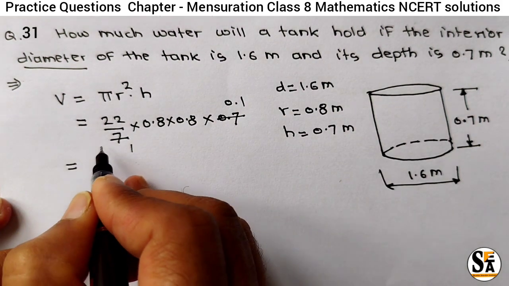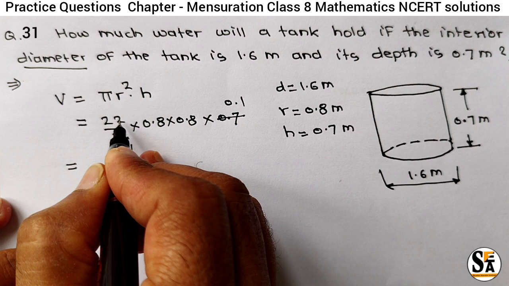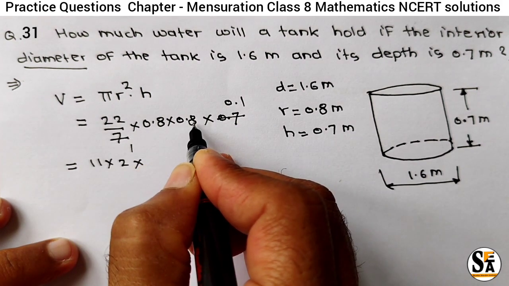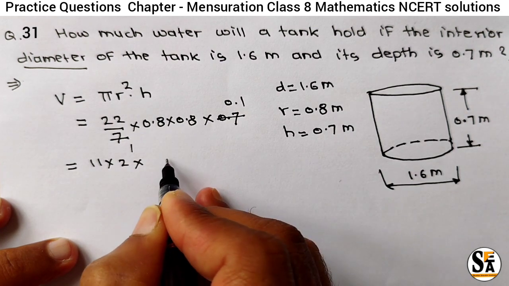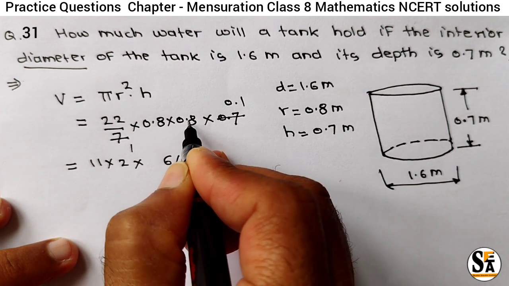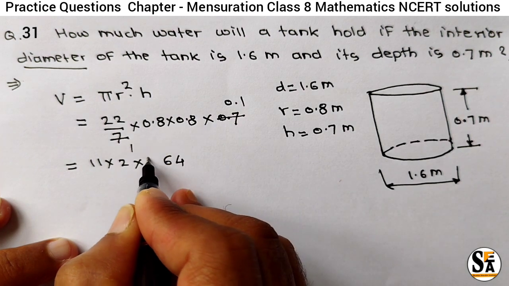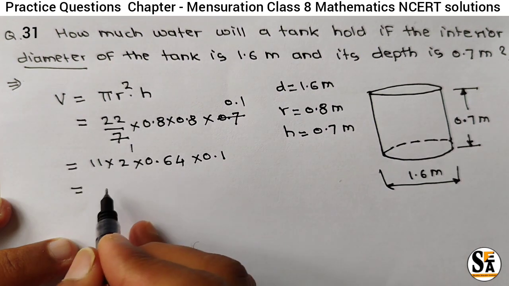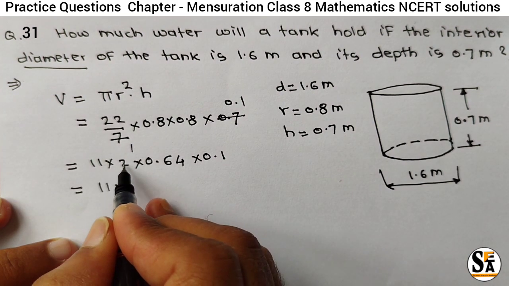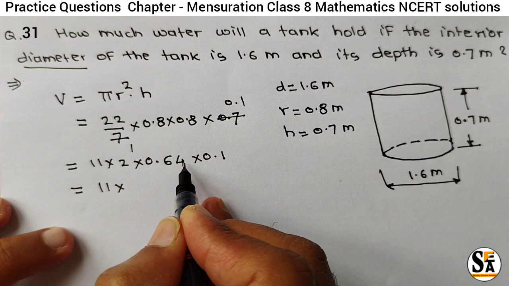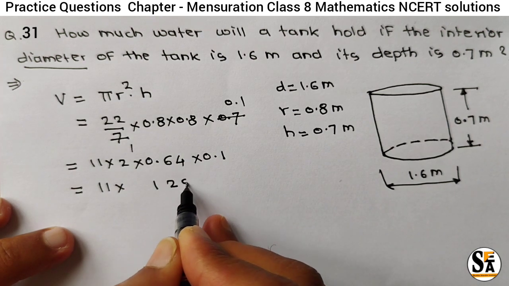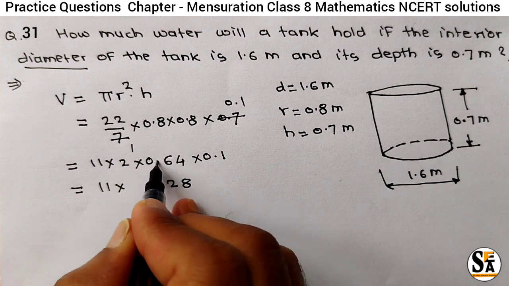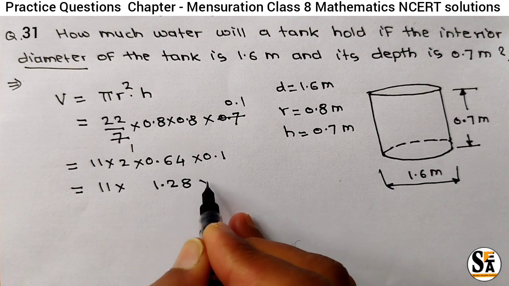In the next step, as usual, split this 22 as 11 into 2, then 0.8 into 0.8: 8 eights are 64, and there are 2 places after the decimal point, so here will be 0.64 and this 0.1 as it is. In the next step, 11 into, multiply this 2 with 6.4, we will get here 128. Now there are 2 places after the decimal point, so the point will be here and this 0.1 as it is.